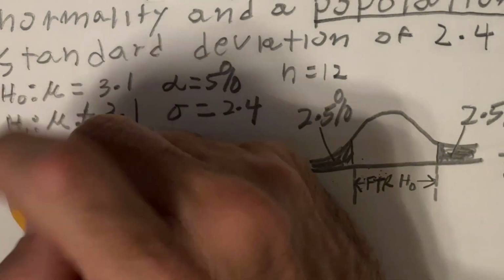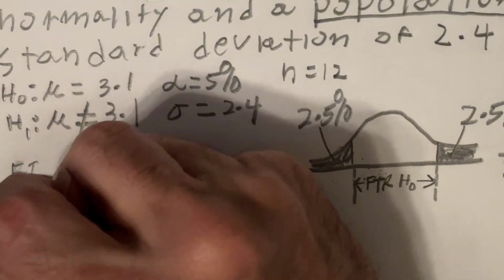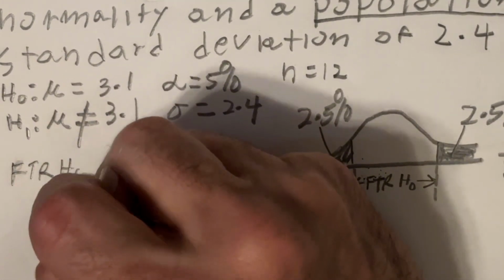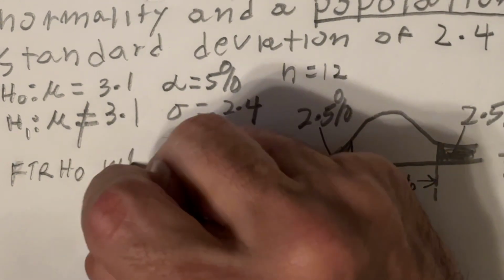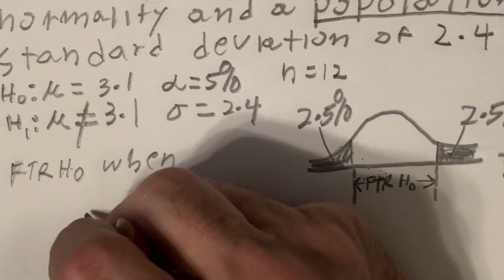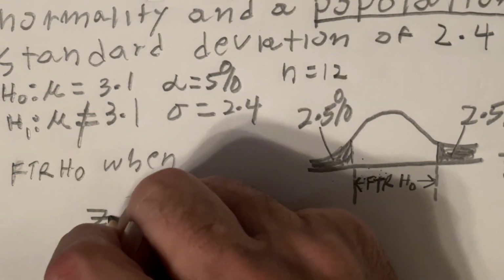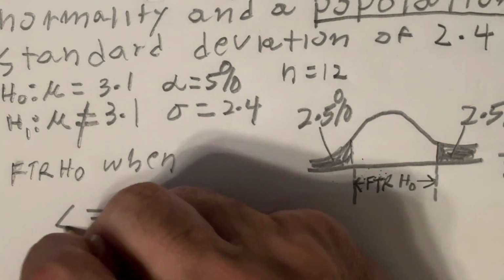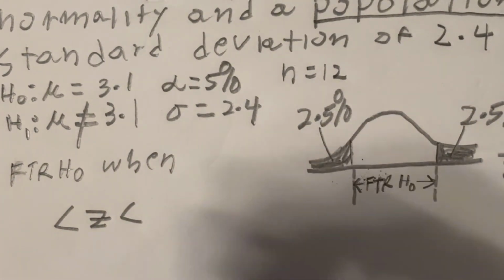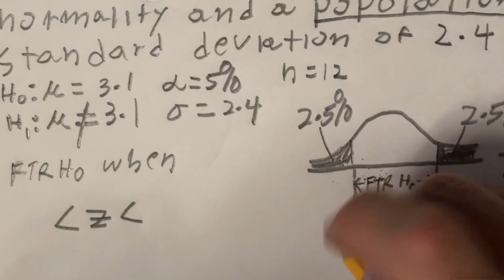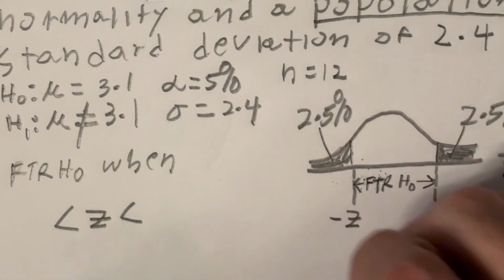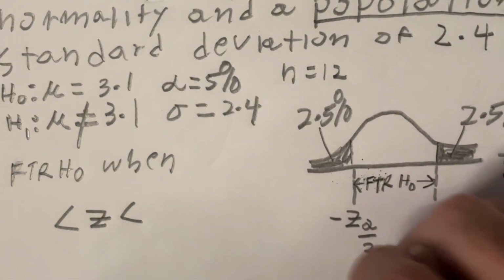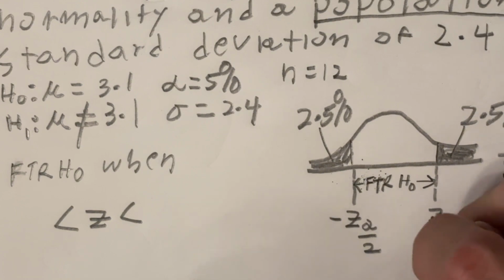This tells us to fail to reject the null hypothesis when, now watch this carefully, our z-score that we observe is between negative z sub alpha over 2 and positive z sub alpha over 2.